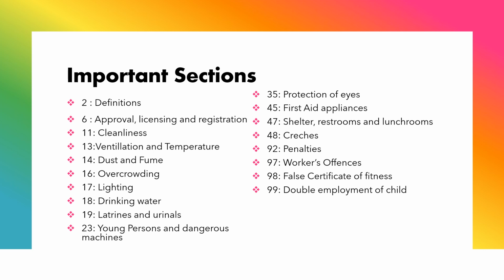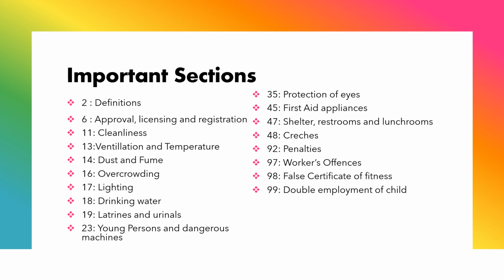Then section 48 is very important because it speaks about creches for the children of the women employed in these factories. It specifically deals with the welfare of the women workers in the factories.